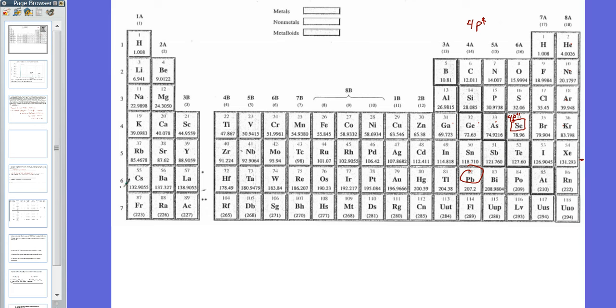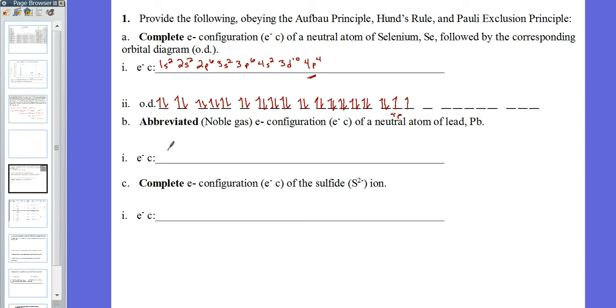So then you can start filling up the rest. If you look 1, 2, 3, 4, 5, in 5p6 there's xenon. So you can abbreviate here by putting in brackets the symbol for that noble gas. And remember, that's 5p6. So then that would be followed by 6s2.